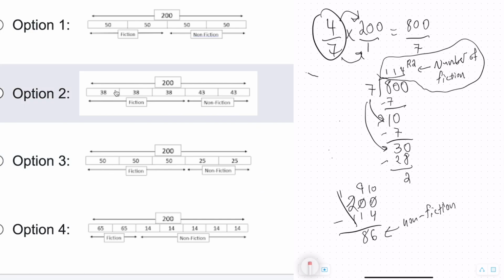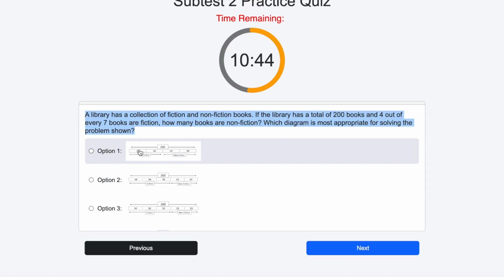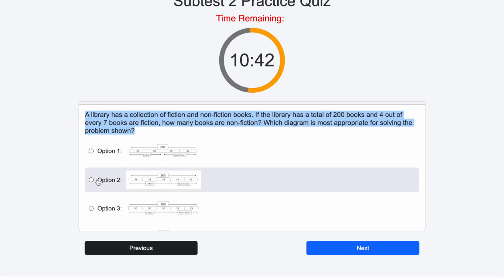So I'm going to look at option 2, and let's say, what's 38 times 3, because notice the illustration has 3 bars here. So 38, let's see here, 8 times 3 is 24. 3 times 3 is 9, plus 2 is 11, and that brings us to our same amount as 114. Appropriate illustration then comes from option number 2.